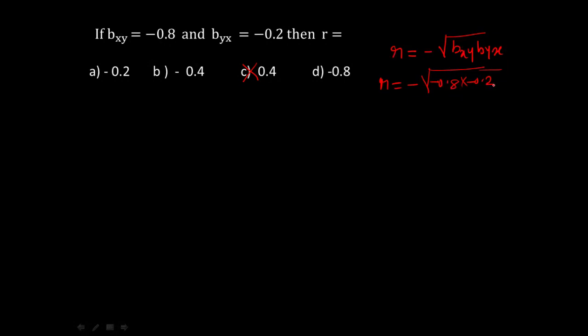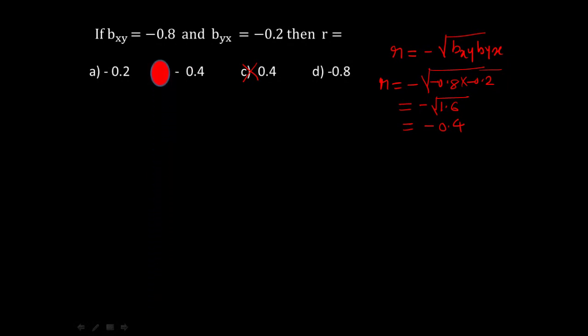I think you can do this calculation verbally yourself. 8 into 8 is 64, and both are at one decimal place, so in the final answer we put under root of 0.64. This gives the final answer as minus 0.8, right? So that is given in option B.